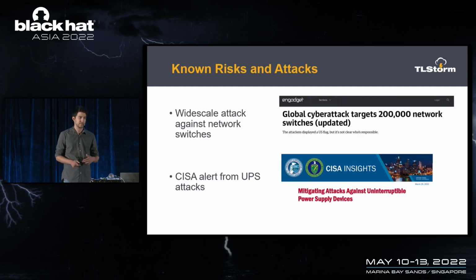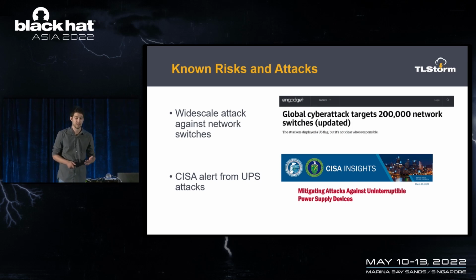And here you can see that attacks against such devices are a real risk. On the top, you can see an example of a wide-scale attack against network switches, and on the bottom, a CISA alert about UPS attacks.